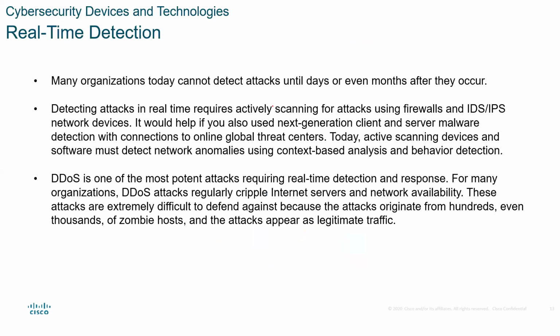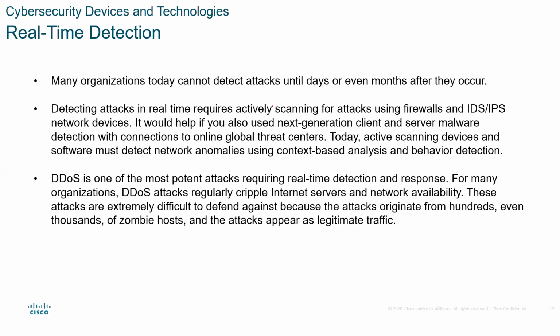Then we have real-time detection. Many organizations today cannot detect an attack until days or even months after it occurs. Detecting an attack in real time requires actively scanning for attacks using firewalls or IDS.